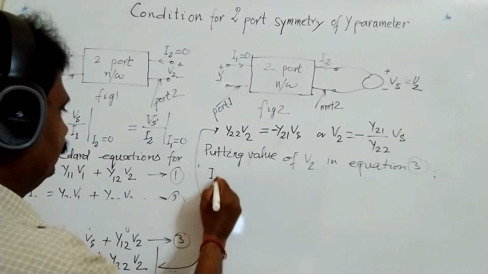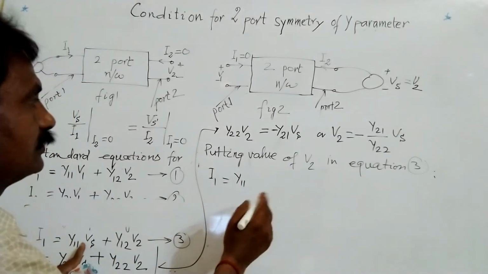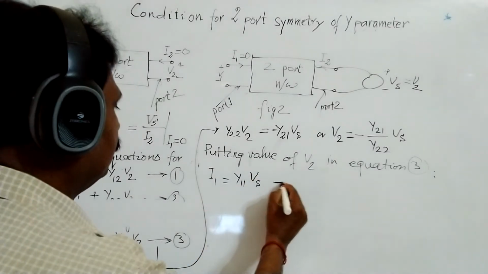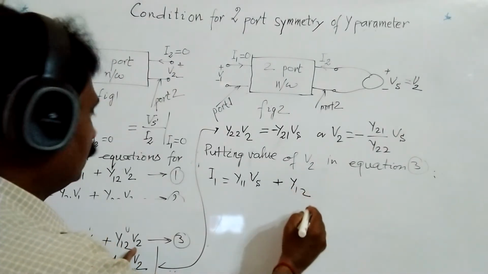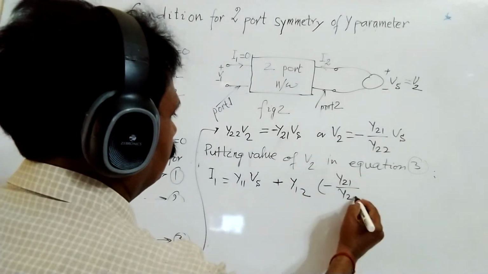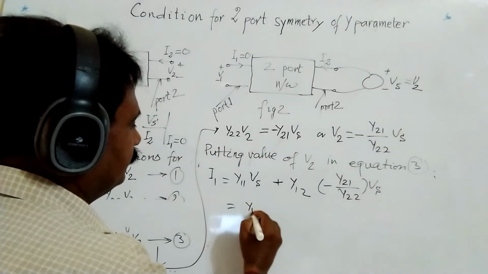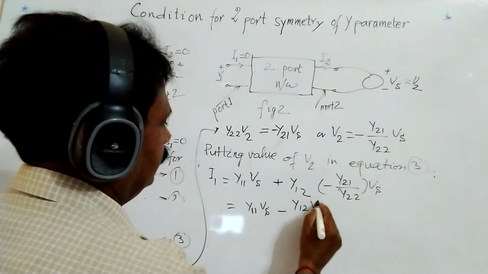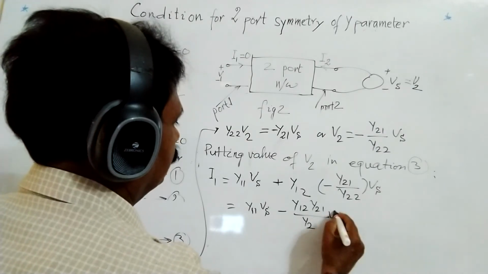I1 is equal to y11 into Vs plus y12 into V2, and V2 is minus y21 by y22 into Vs. That is y11 into Vs minus y12 y21 by y22 into Vs.